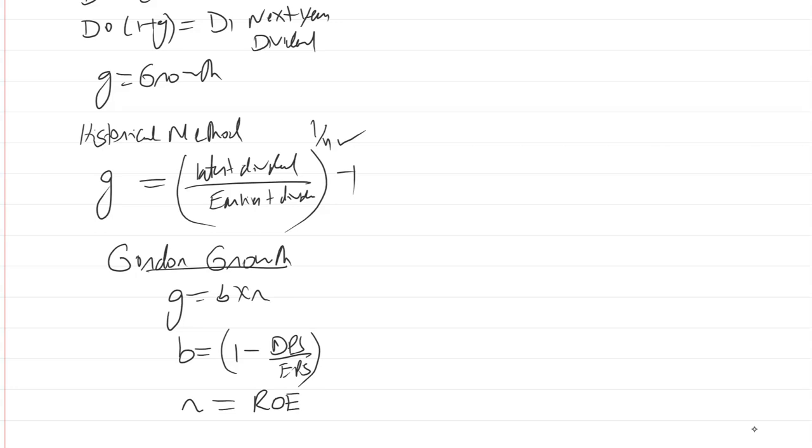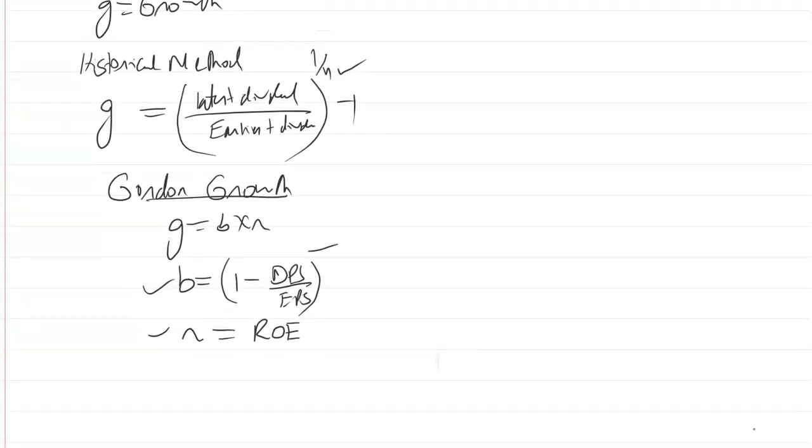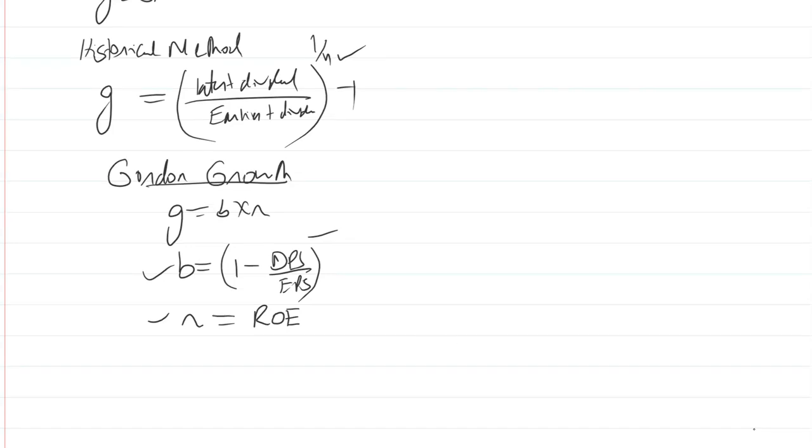If ROE is given, if B is given, you will multiply both of these to calculate growth. 1 minus payout ratio is equal to the retention ratio. So if you have the growth, the D naught into 1 plus G, and market value, you can calculate the cost of equity using this method.